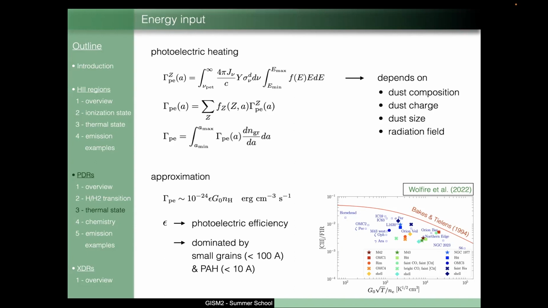It's the probability that one absorption will emit a photoelectron. Okay? And the right part is simply the distribution of energy of the photoelectron. So you integrate this distribution over the energy.